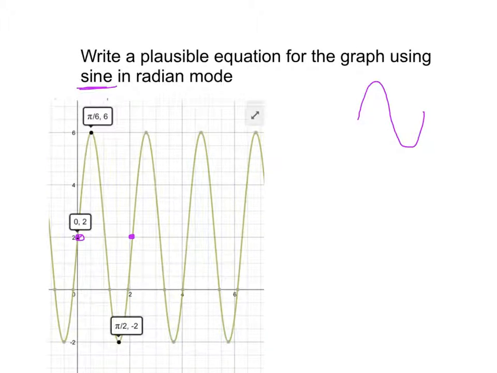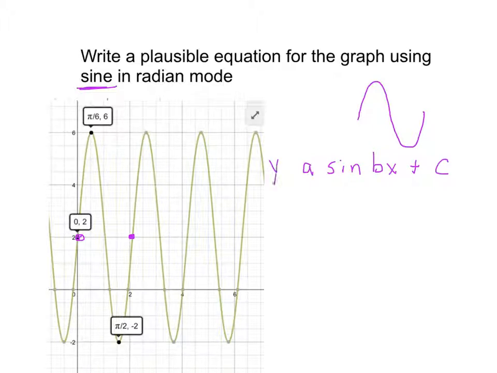I'll give you a little bigger window on this graph, and you'll see why I did that in a second. So if we look at our sine graph, it's going to look something like A sine bx plus c. That is the form that I would have that in.